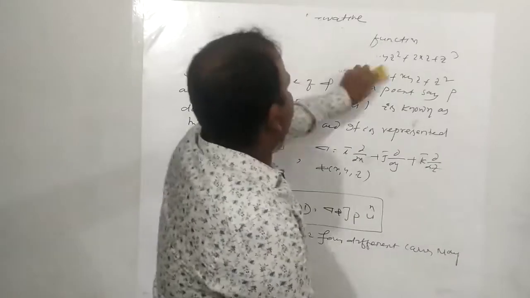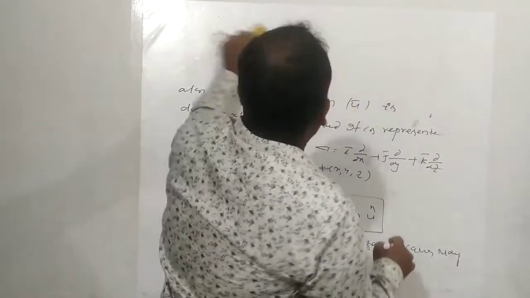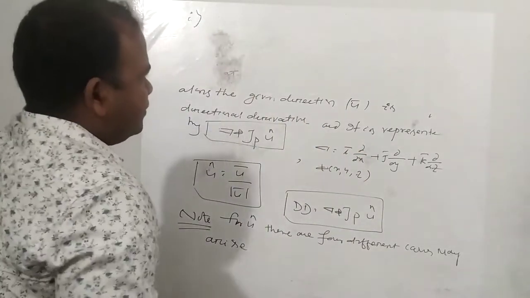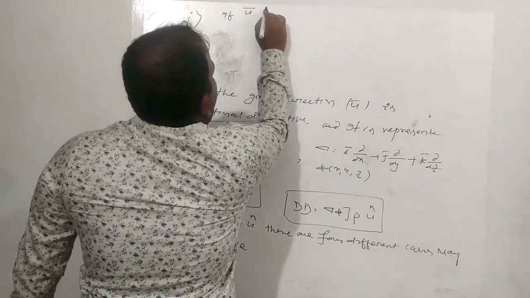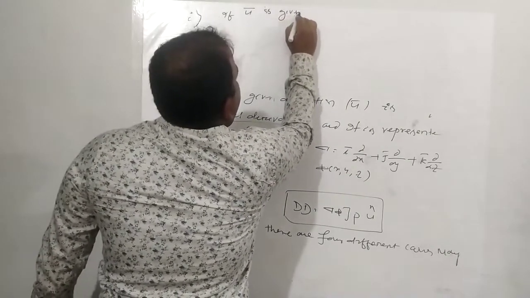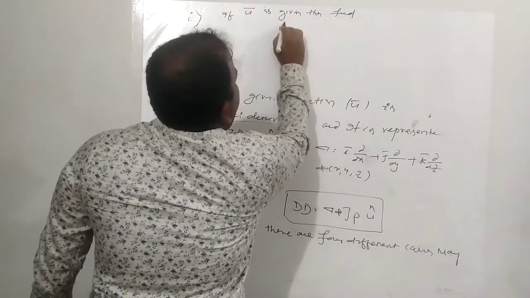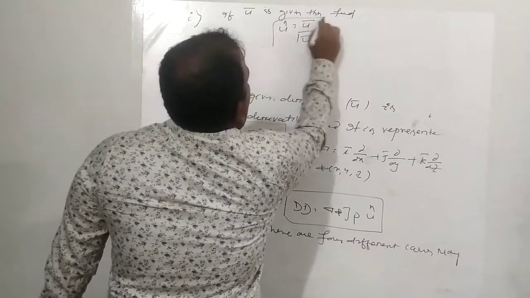So what is the first case? Case 1: if the u vector is given, then find u cap equals u vector upon modulus of u vector.